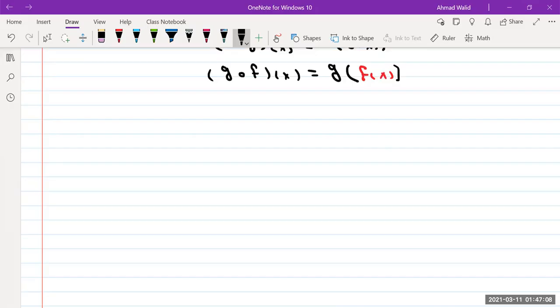Think this way, you have two machines here. The first machine is function g.